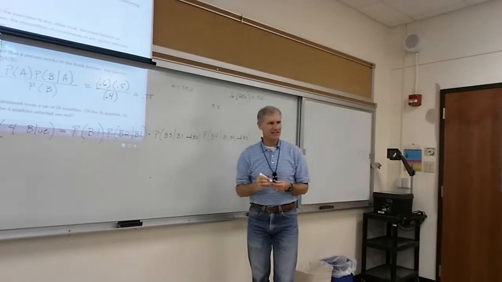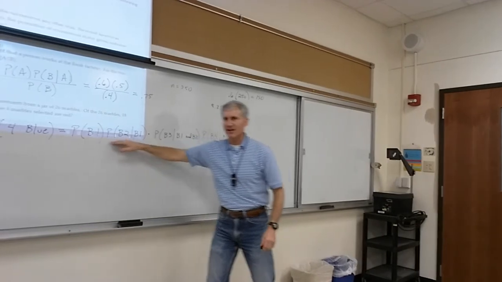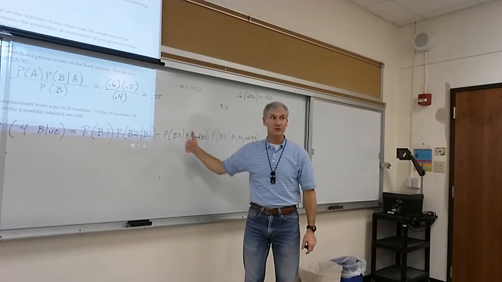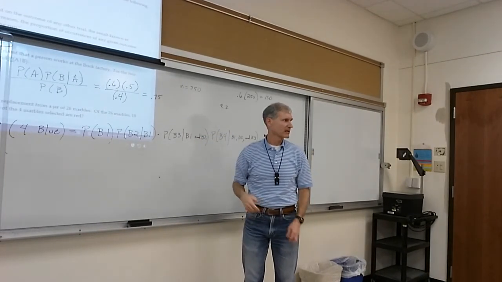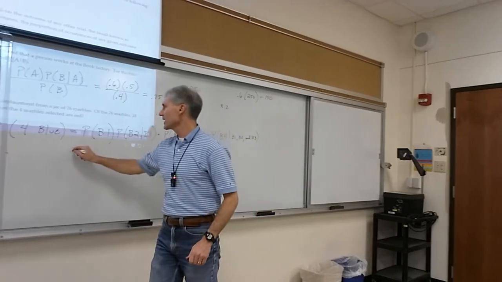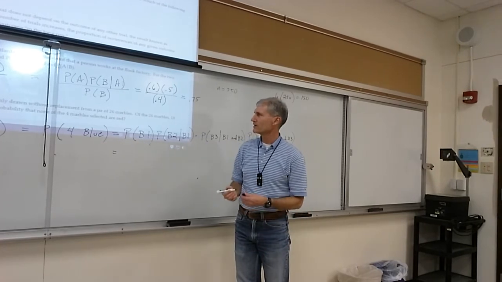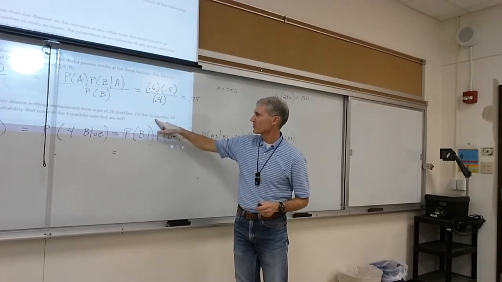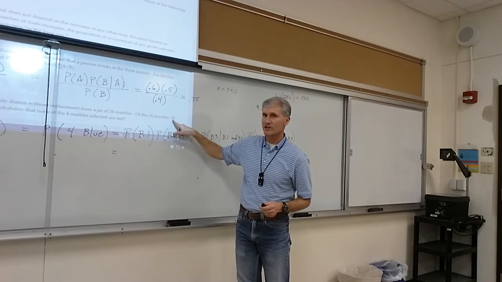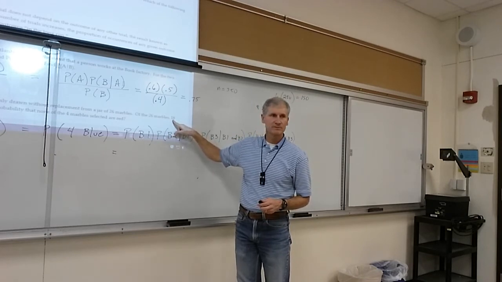Now, on a test, you probably wouldn't go ahead and string all this out with symbols. You'd go ahead and start using numbers. And that's okay. But you're ready now to fill in numbers. What's the probability of getting blue on the first draw? It says 26 total, 18 are red, the rest are blue, so how many are blue? 8.